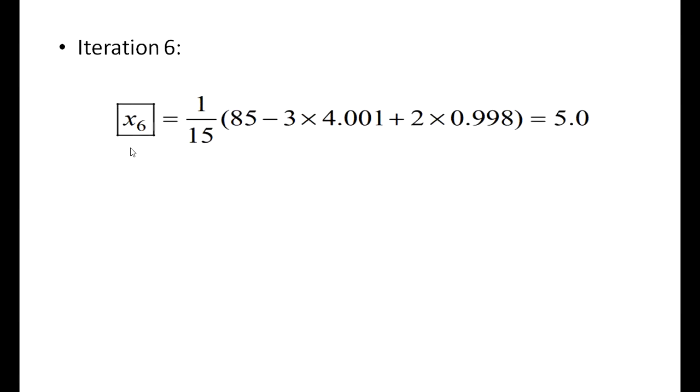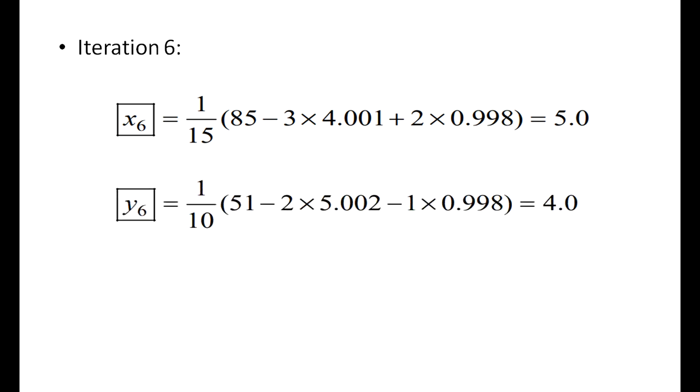Now the sixth iteration, x6 is equal to 1 upon 15 in bracket 85 minus 3 into 4.001 plus 2 into 0.998, which is equivalent to 5. y6 is 1 by 10 in bracket 51 minus 2 into 5.002 minus 1 into 0.998.